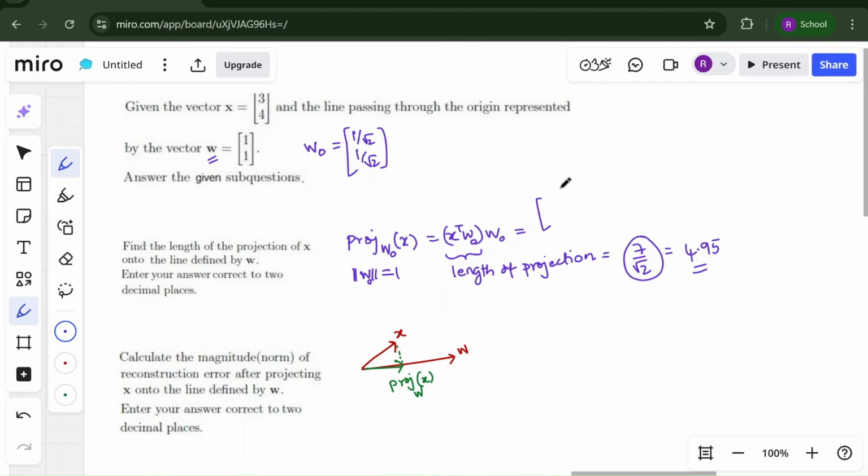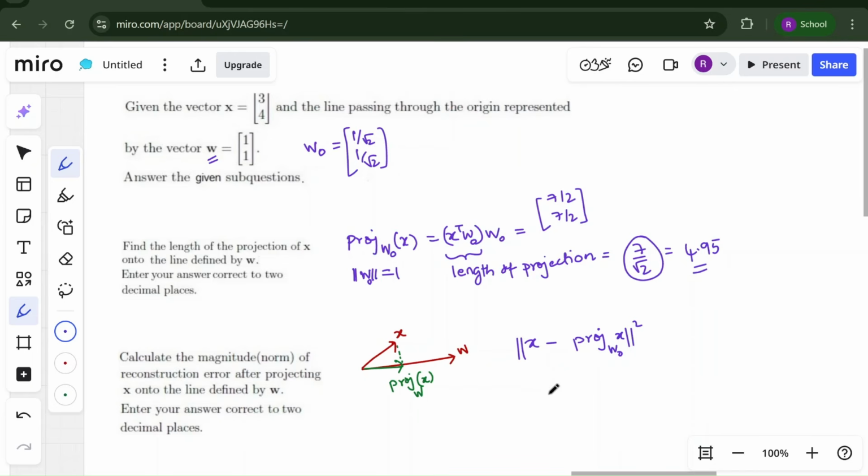The projection vector is 7 by under root 2 into 1 by under root 2, which gives 7 by 2, 7 by 2. The difference would be x minus the projection of x onto w naught, and we take its norm square.